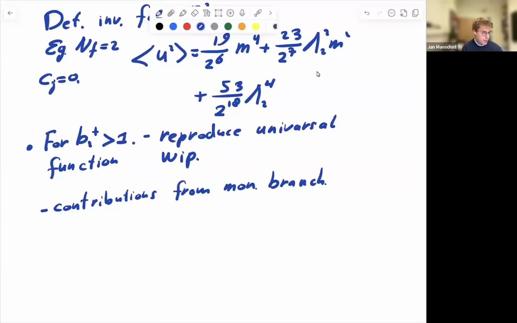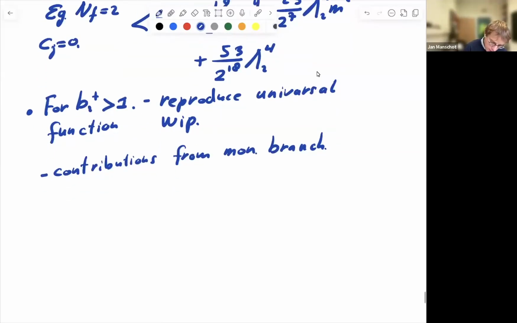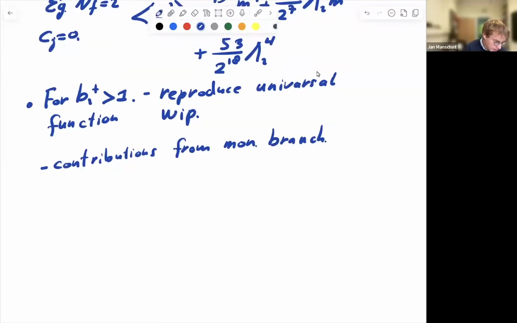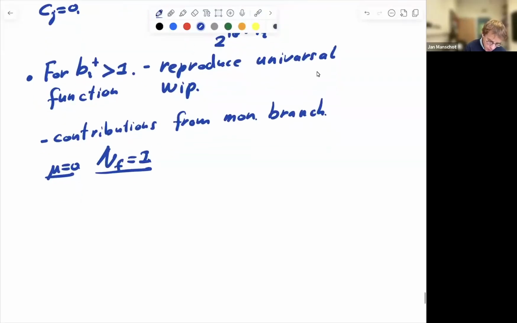Okay, so let me expand a little bit on this. We find in a specific case, when mu is 0 and f is 1, that the total partition function Z0 is a sum of the instanton branch plus the monopole branch.